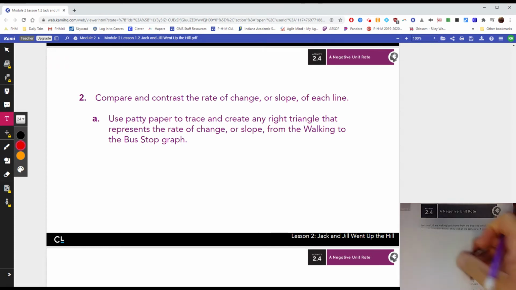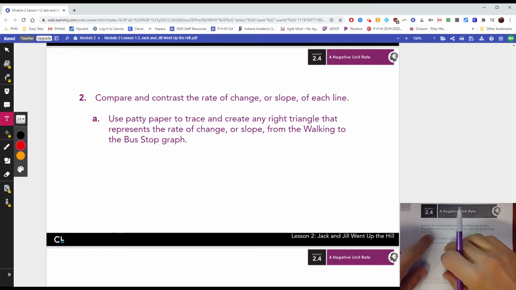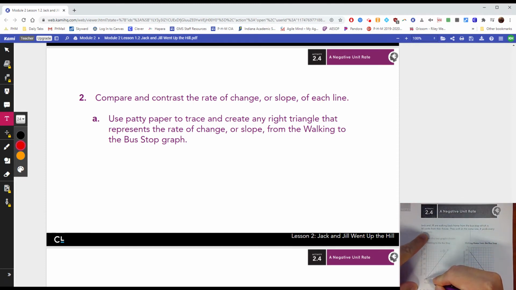So I'm going to put my patty paper down here on the walking to the bus stop graph. And I'm going to start at the origin. So I'm going to put a point at the origin. And I'm going to find another lattice point here. I'm going to use this one right here. So this is 20 yards from home and 15 seconds.